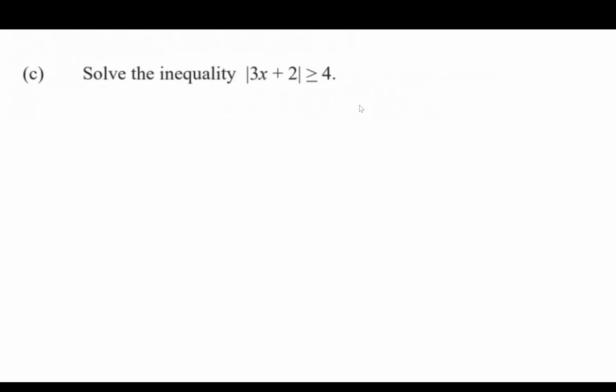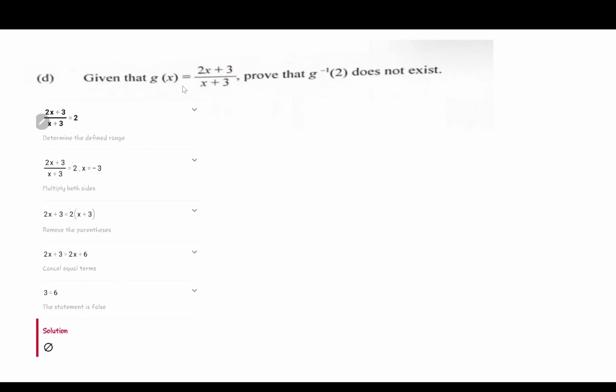Okay, this question, what you do for a question like this is, yes, that works as well. So you could also just find the inverse itself of the function. If you plug in the value of 2, you would also realize that it doesn't work.